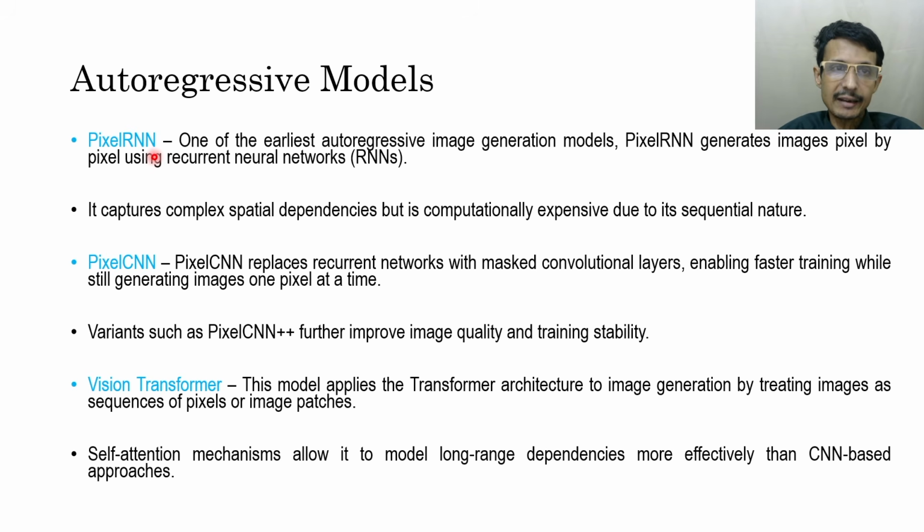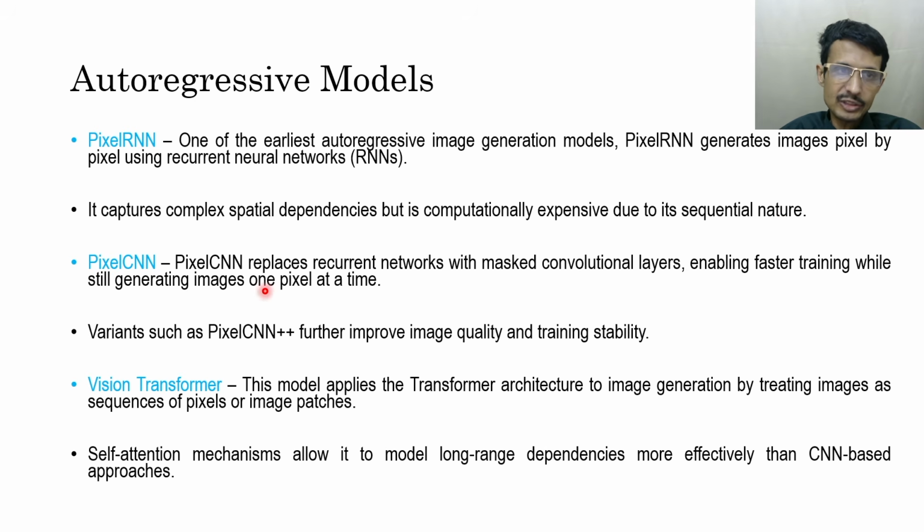So what are the different autoregressive models? First of all, PixelRNN is one of the earliest autoregressive image generation models. It generates an image pixel by pixel using recurrent neural networks. It captures spatial dependencies but is computationally expensive due to its sequential nature.